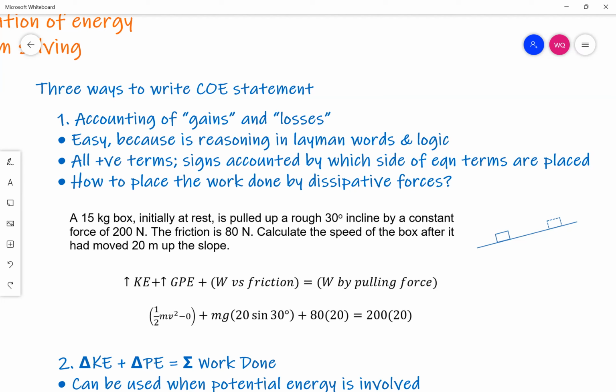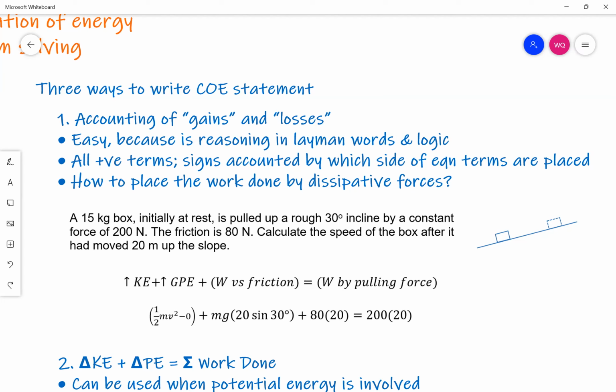Moreover, we can also account for the effect of work in this whole picture. For example, if there was work done against friction, then it will mean that there will be a gain in some thermal energy on the tabletop. So that gain will also appear on the same side as all the terms that have the gain.